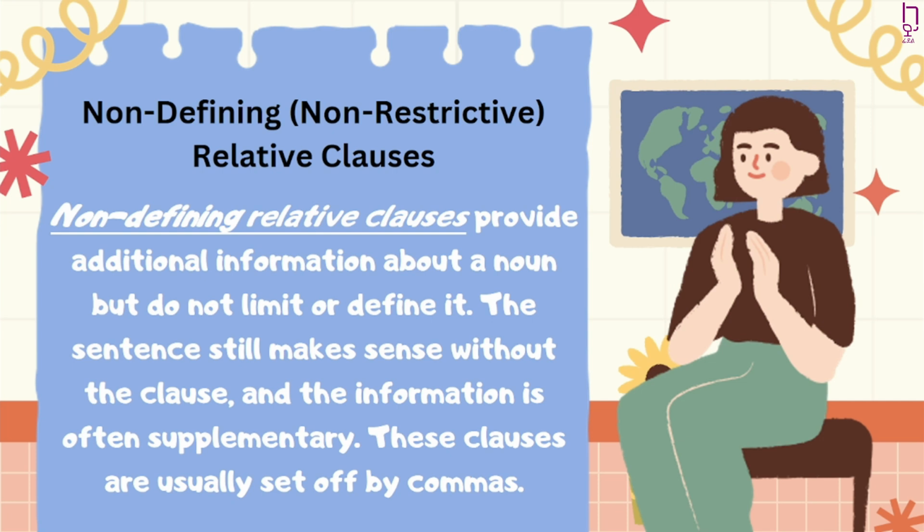These clauses are usually set off by commas. We said that defining clauses are not set off by commas, but non-defining clauses are, and the sentence still makes sense without them, which means it's not mandatory to have the non-defining clause.